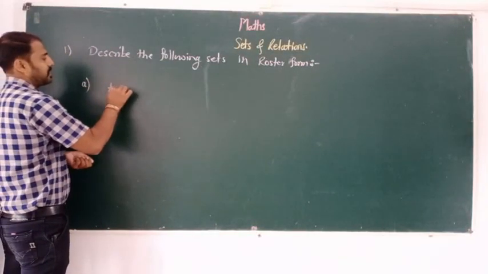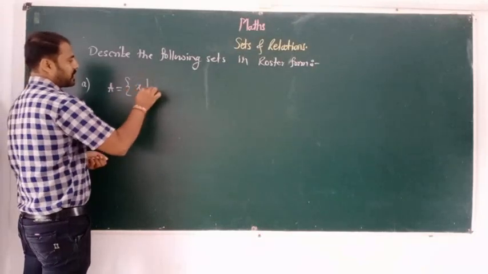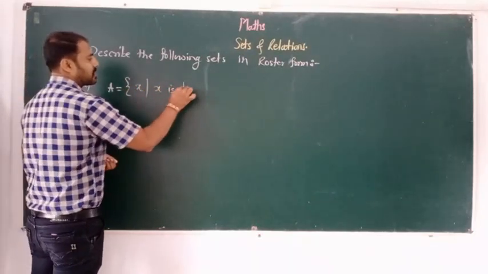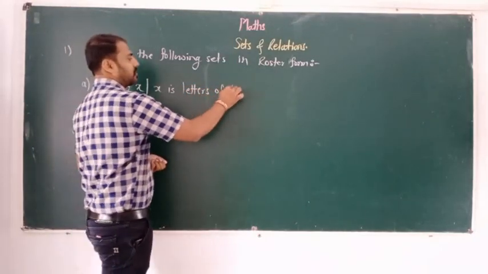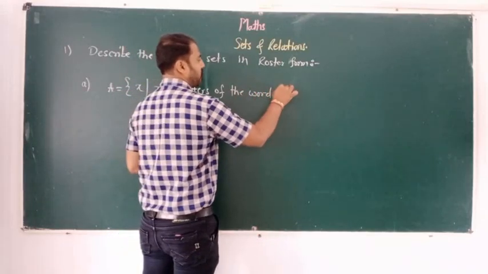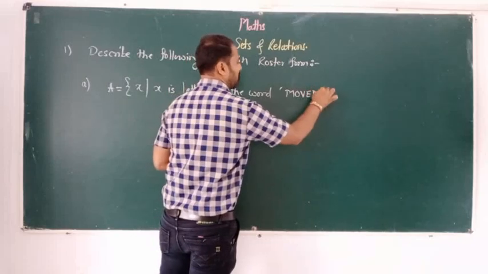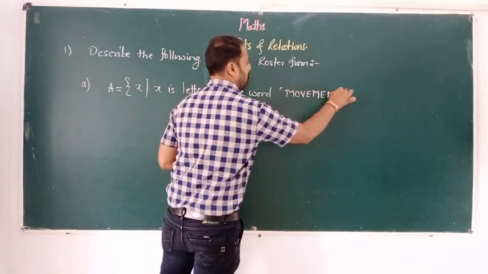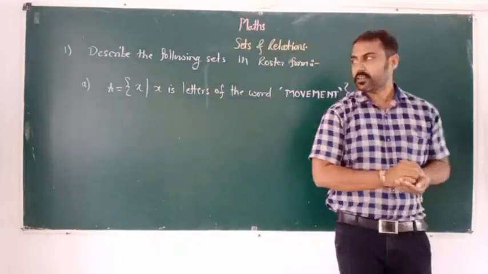First example: A is given here, set of all x such that x is a letter of the word MOVEMENT. Now look here.